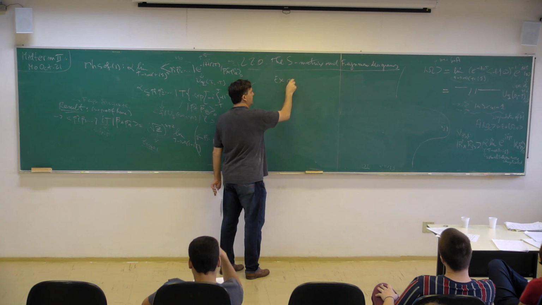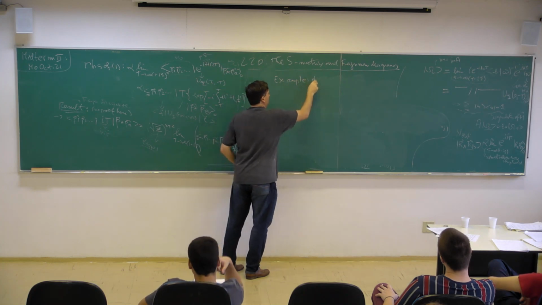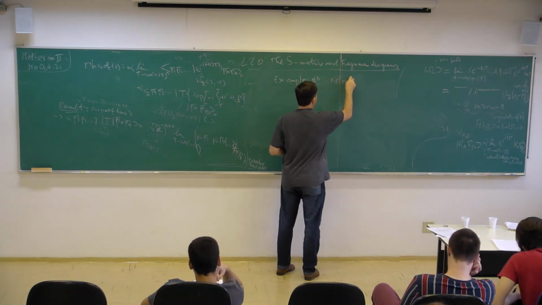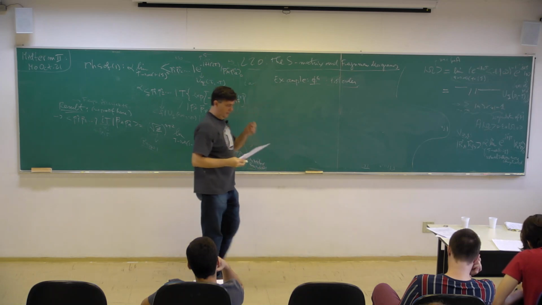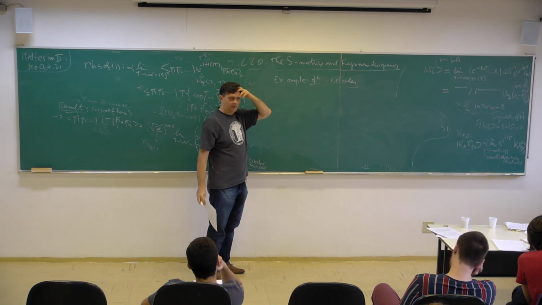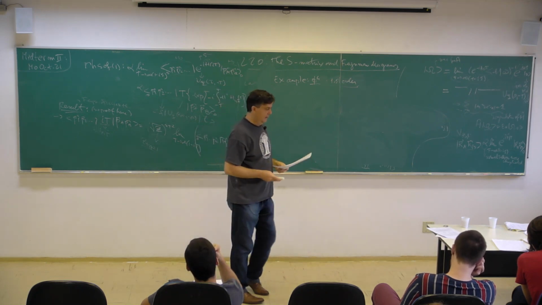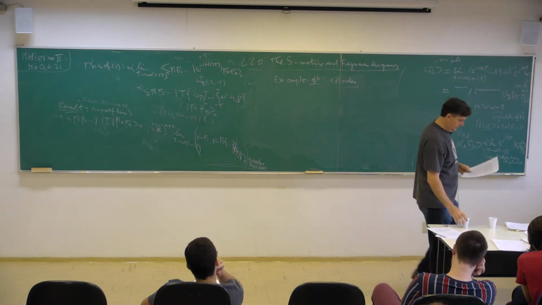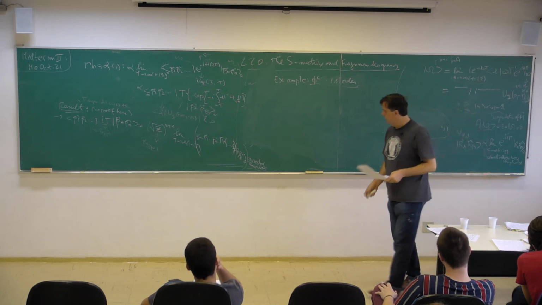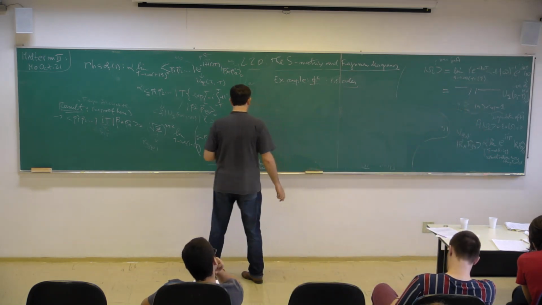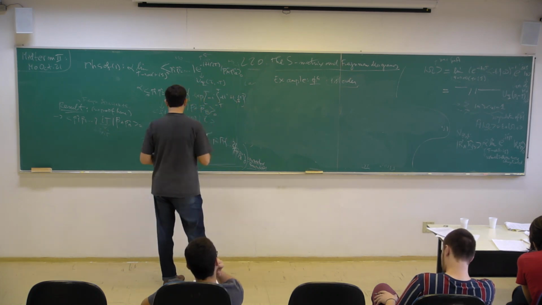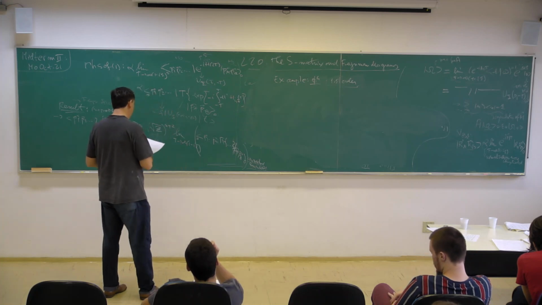So, to understand what's going on, let's look at examples. So, the simplest thing we can think of is a phi-4 scalar theory, and we'll consider it in first order perturbation theory first. Then we'll move on to higher orders. But well, first let's consider the free term.